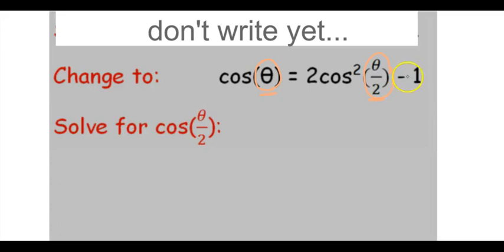So the first thing we'll do is add 1 to both sides. And we can rewrite the left as 1 plus cosine theta, and we can switch sides so the left is the right and the right is the left.